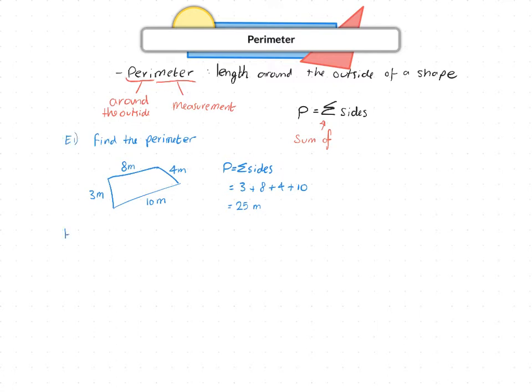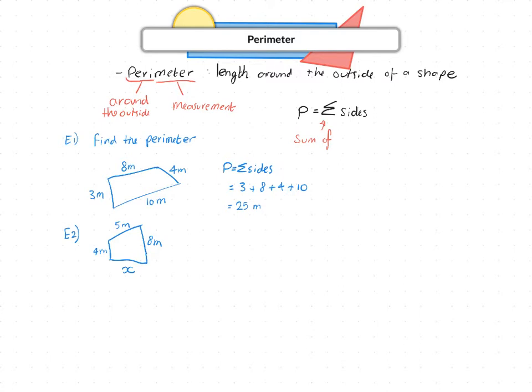A slightly different take on this might be that you are given a shape. And again, I'll just draw a random shape here. We might be told a couple of the sides, like 5 meters, 8 meters, 4 meters, and then have left this blank side.